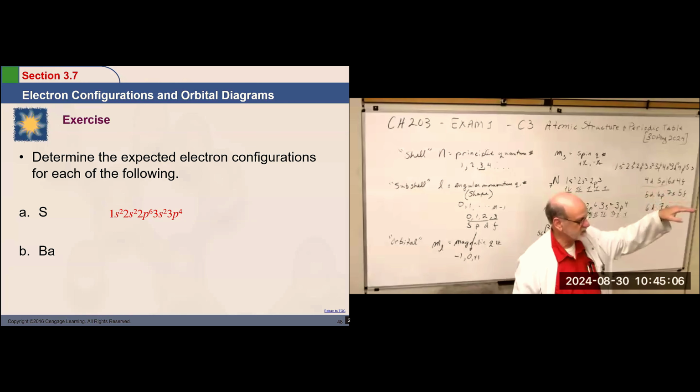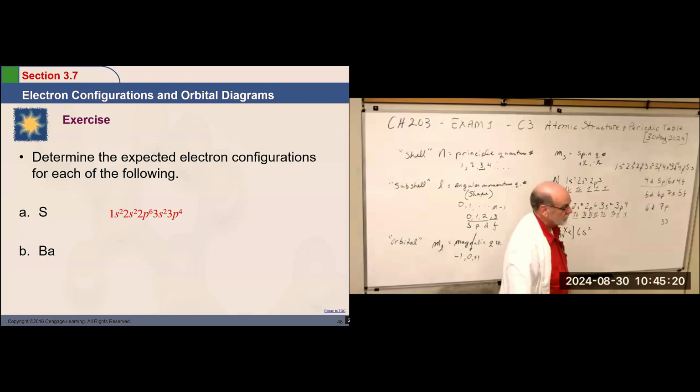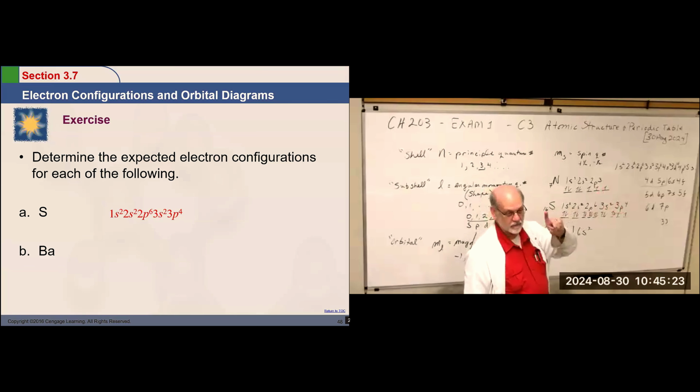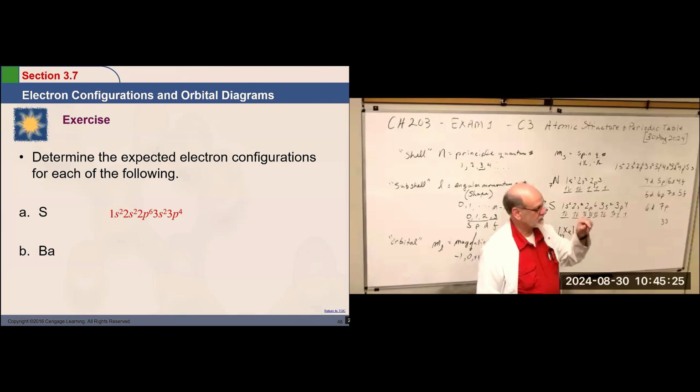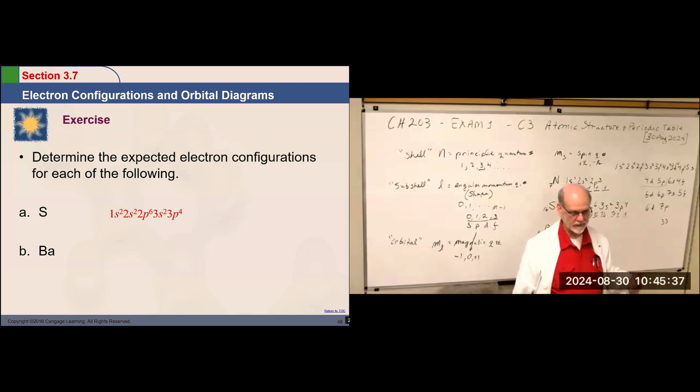Calcium only has 2. Magnesium only has 2. Beryllium only has 2 in their outermost orbitals. That's why they behave alike, because they have the same number of valence electrons in their outer shell. For the alkali metals, they only have 1. They're like 2s1. Sodium is 3s1, 4s1, 5s1 for rubidium. Cesium is 6s1. That's all they have. They just have that 1 electron. That's why they behave alike.